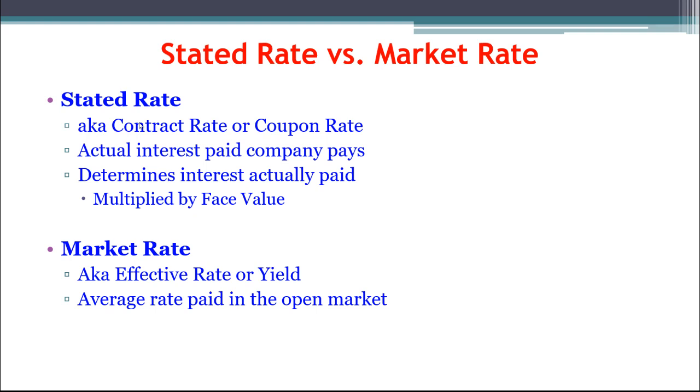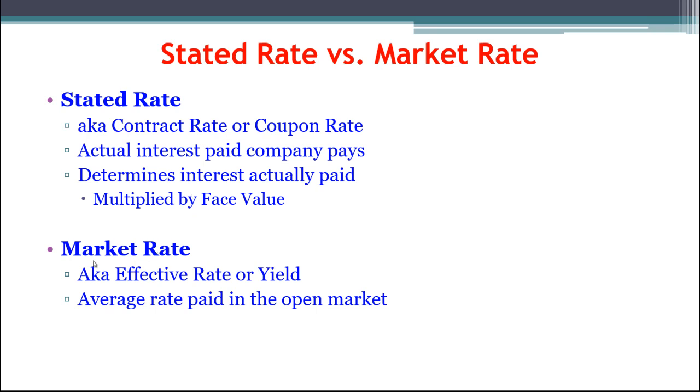Regardless of how the rate fluctuates in the market, this is the rate that the interest is paid at. It's not the same as interest expense. That's something we'll talk about later. This is the cash interest payment. So again, you multiply this stated rate by the face or par value of the bond to determine the actual amount of cash that's being paid every period.